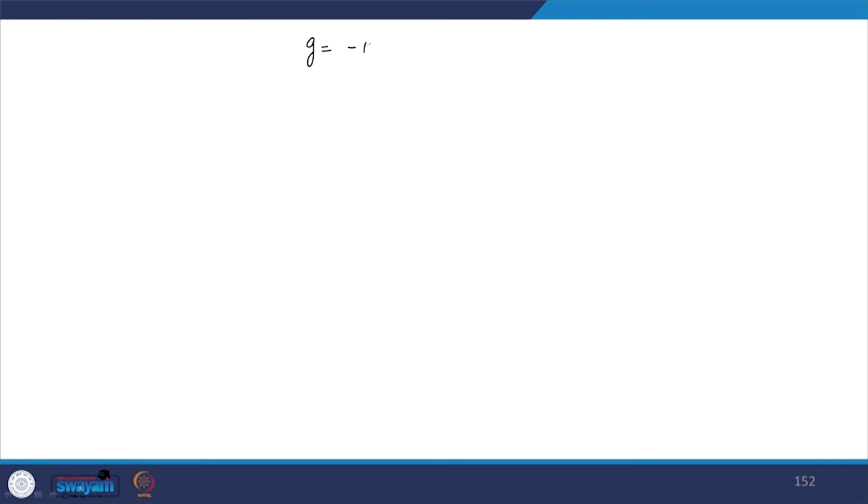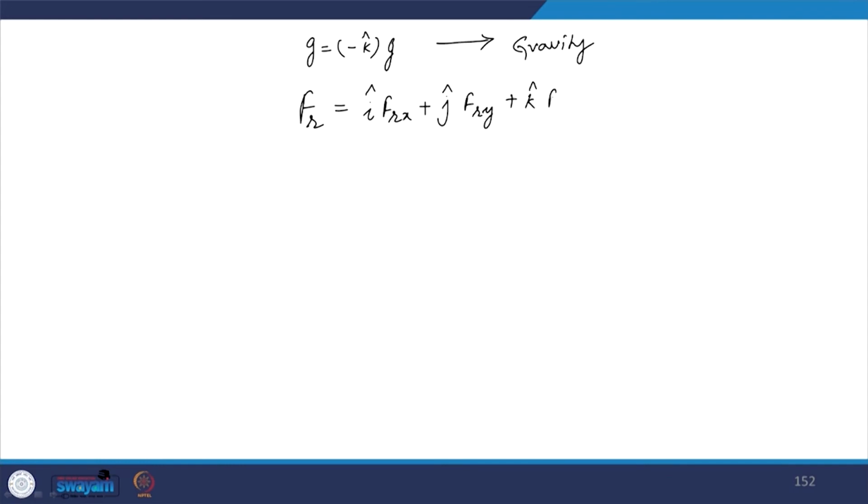So, it is minus k cap times the magnitude, 9.81 meters per second square. And the frictional term Fr is equal to i Frx plus j cap Fry plus k cap Frz, right.